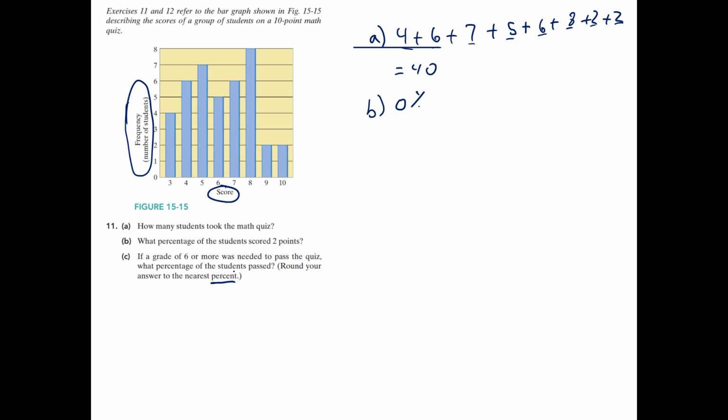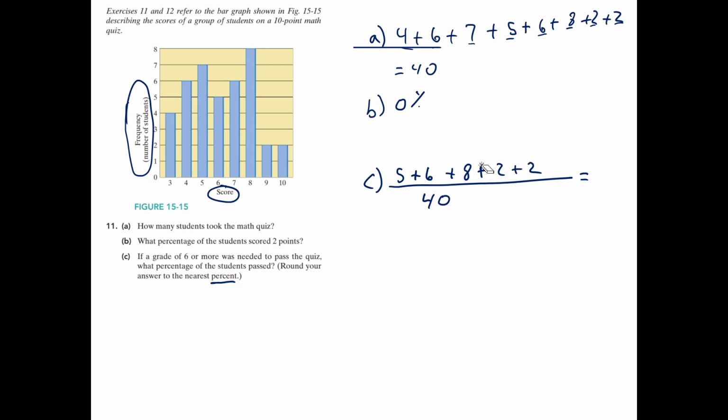You needed a 6 or more. So what do we have getting a 6 or more? We have 5 plus 6 plus 8 plus 2 plus 2. And there were 40 students altogether.